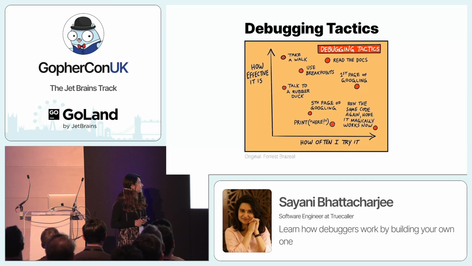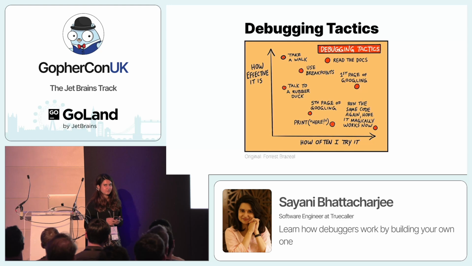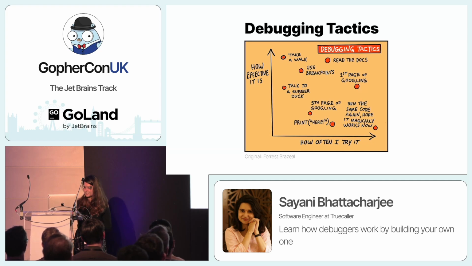But we are going to actually use a debugger and learn how to use breakpoints, what it means to actually put a breakpoint, how processes work, and learn the internals of it.